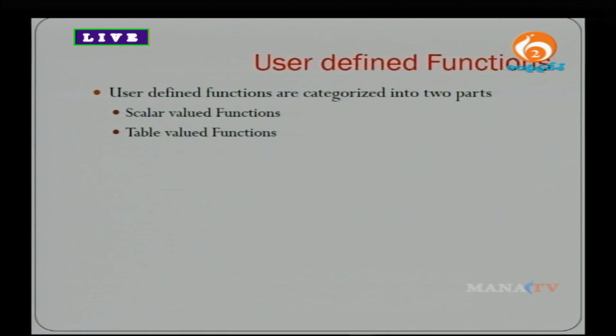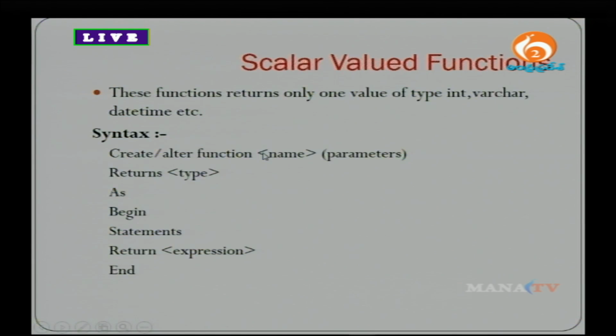Alright. Now let me show the screen once again. There are two kinds of functions we have. The first function is called a scalar valued function, and the second function we can call a table valued function. What will happen here? These scalar valued functions return only one value, right, either of type integer, character, or date or time. Alright.